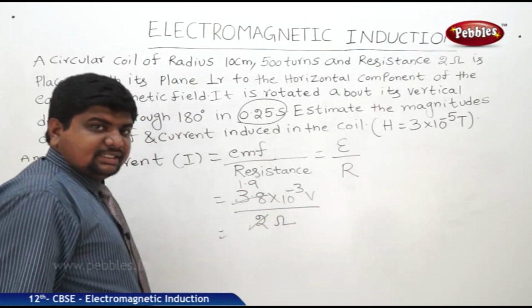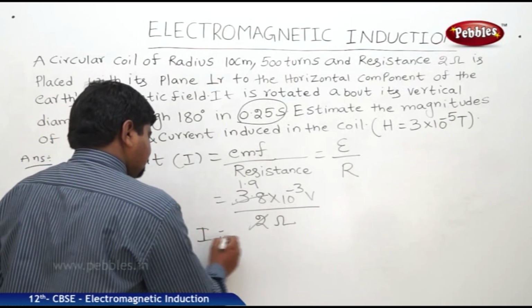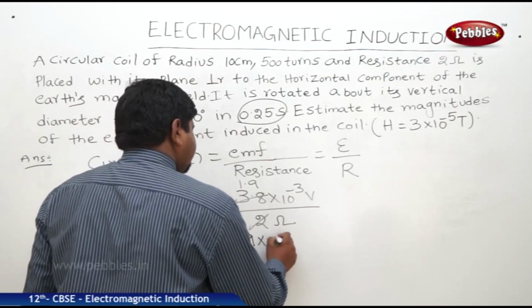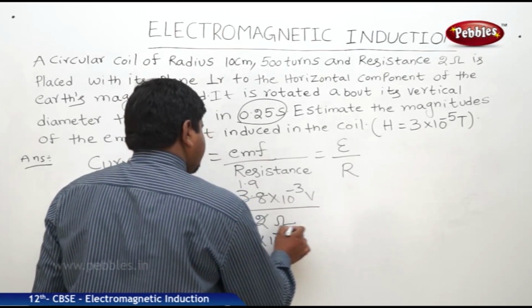So volt by ohms is equal to amperes. Therefore, I is equal to 1.9 into 10 to the power of minus 3 amperes.